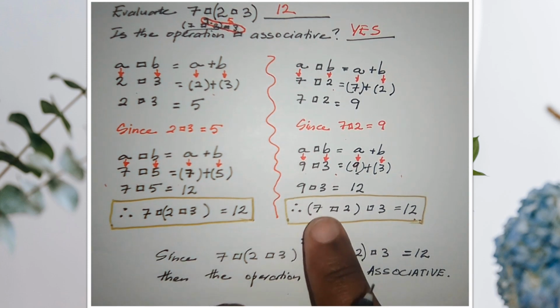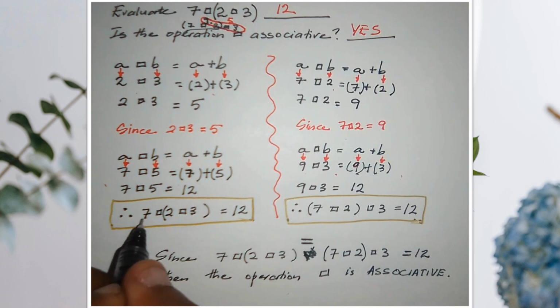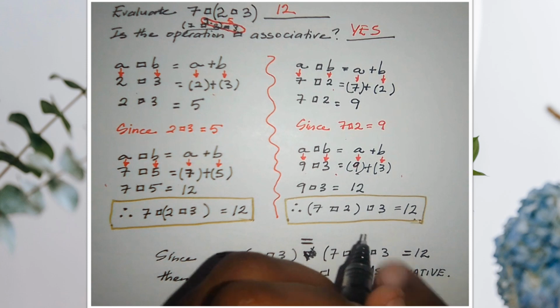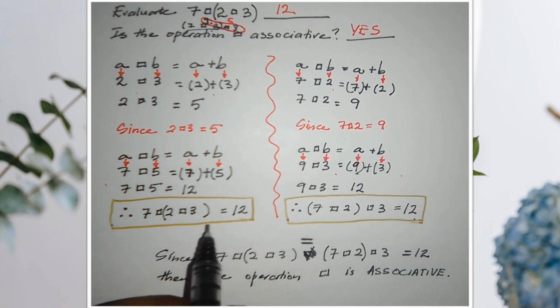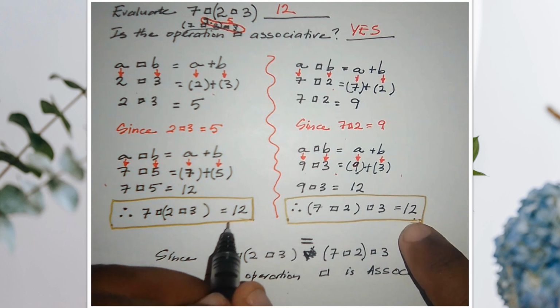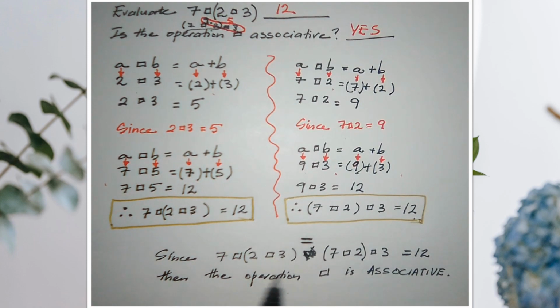In this group, it was 7 and 2. So it was 2 and 3, then 7. And in this one is 7 and 2, then 3. Both of them, when we worked it out, it was equal to 12. So because the answers, despite the grouping, were the same, then we say it is associative.